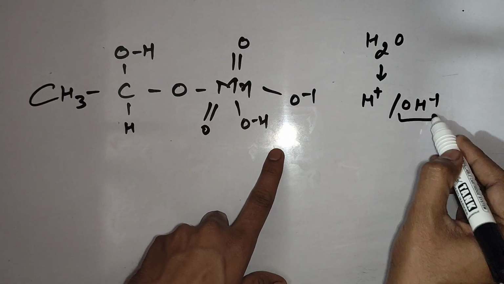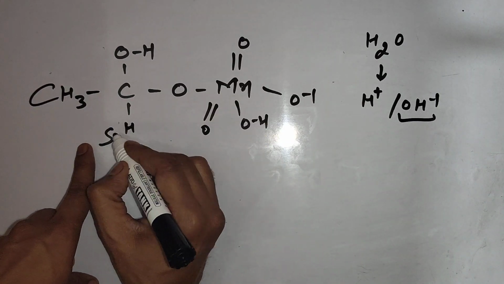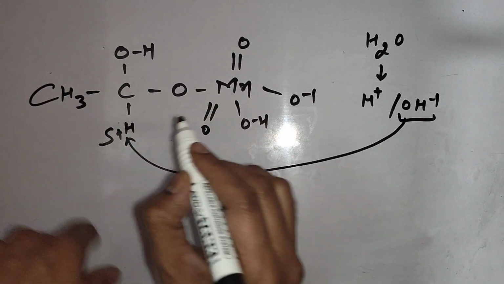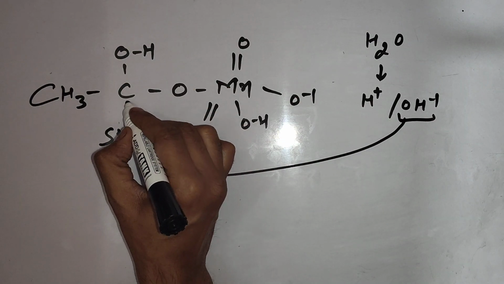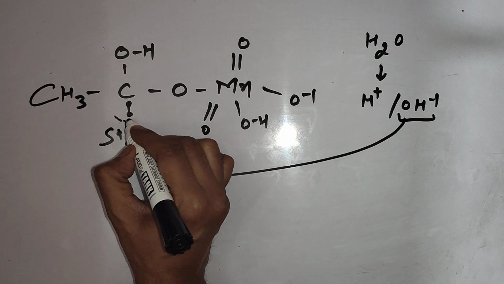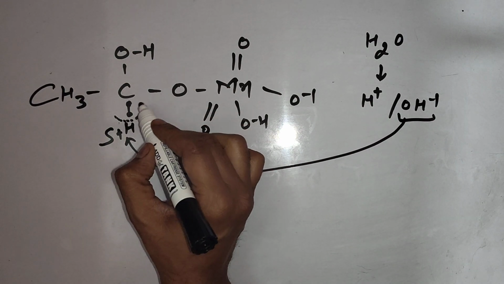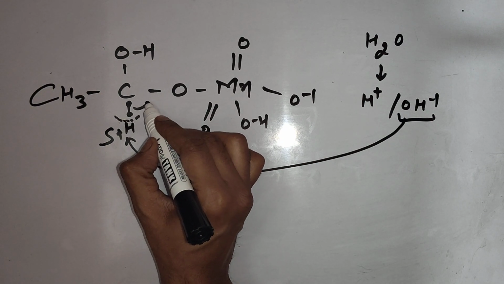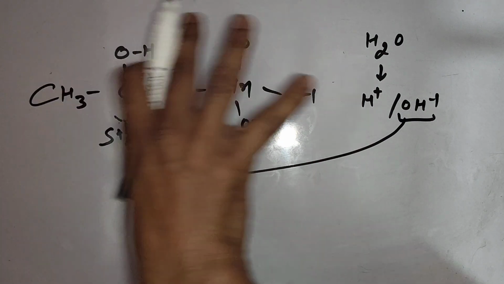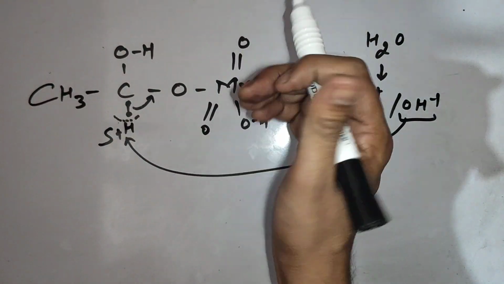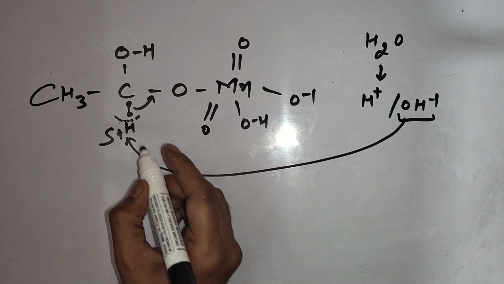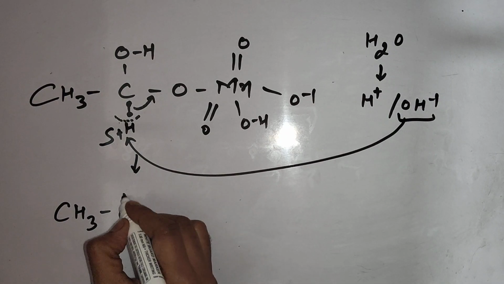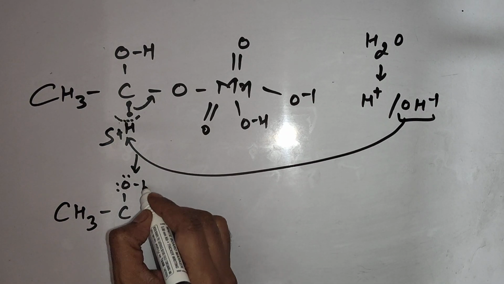This OH negative will attack on this strongly positively charged hydrogen. Like this. Again, bond will break between carbon and hydrogen, and obviously electrons will shift toward carbon. Because carbon is getting extra electrons, it will shift these electrons toward oxygen, because this group is highly electronegative, attracting electrons toward themselves, due to which, check what is generated here.